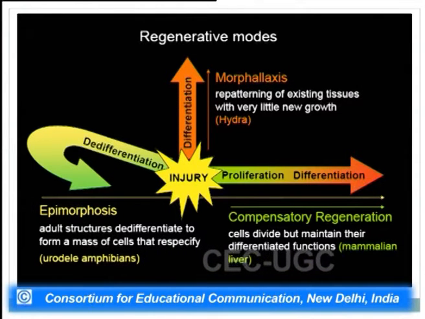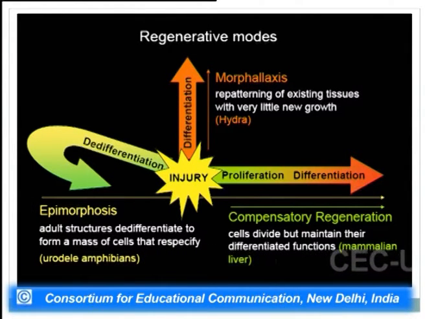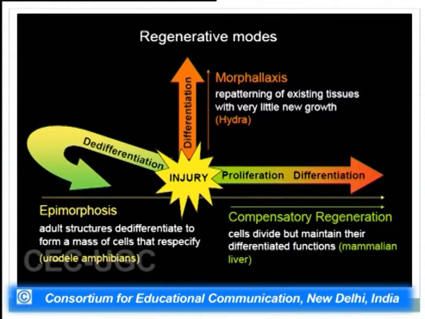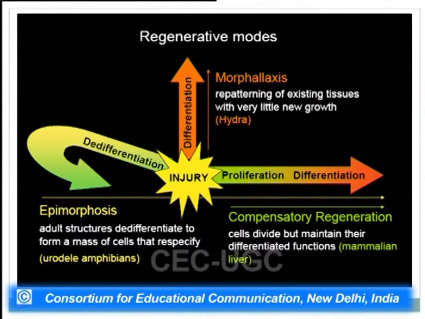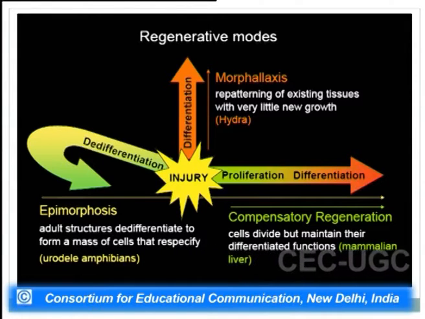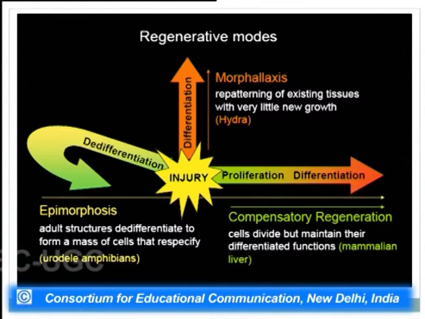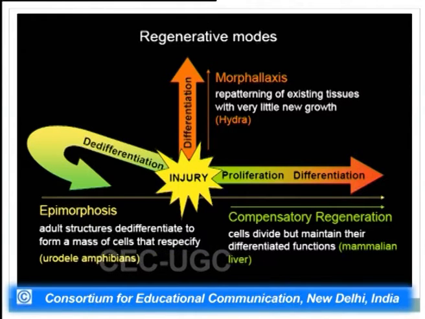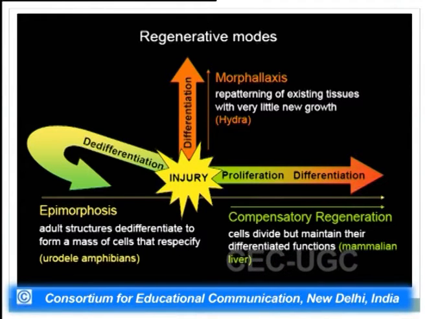There are three different regenerative modes. One is called morphallaxis, in which the basis of regeneration is differentiation. There is a repatterning of the existing tissues with very little new growth. We will be discussing examples of all three types, but you have to understand the difference between the three regenerative modes.